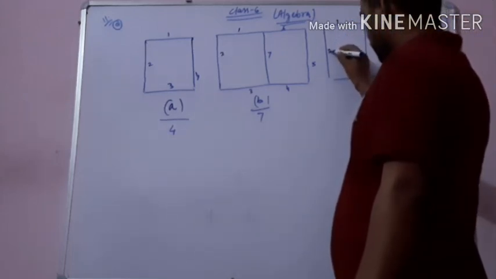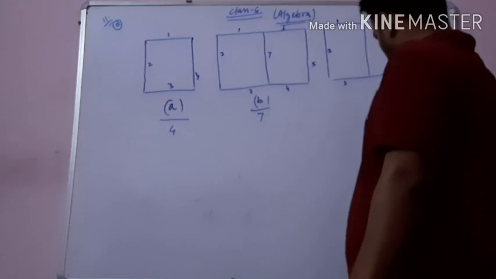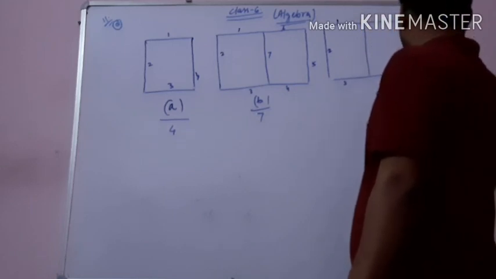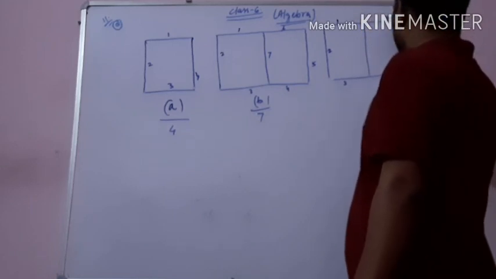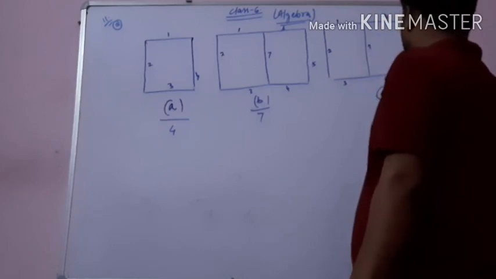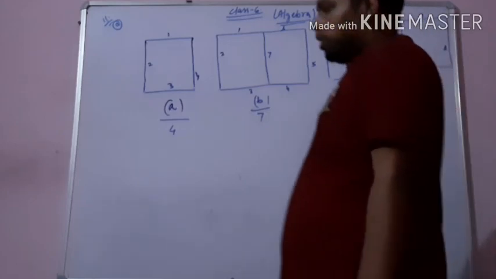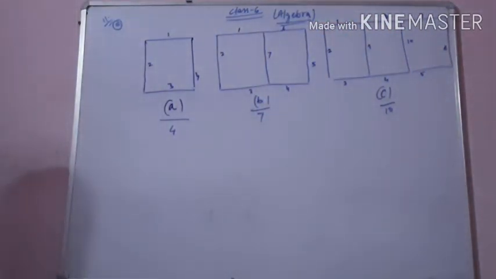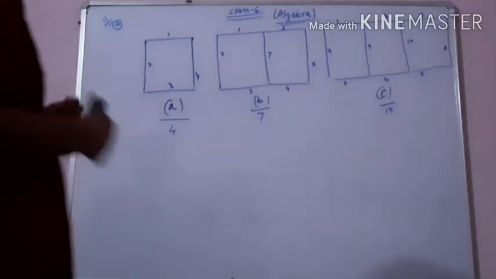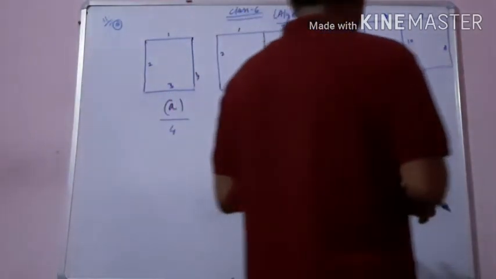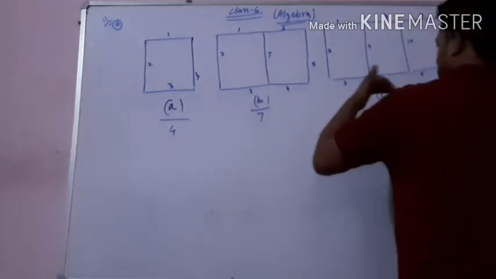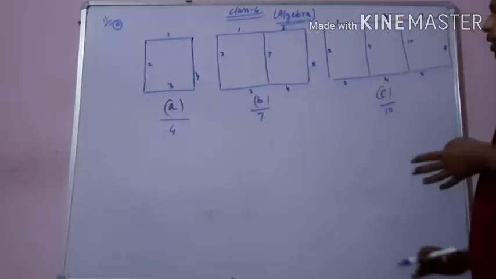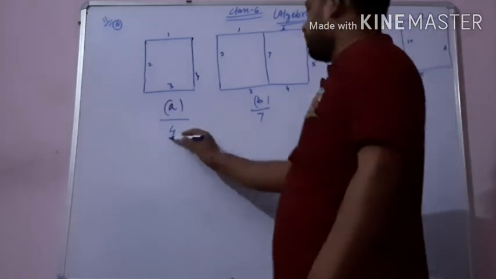Here: 1, 2, 3, 4, 5, 6, 7, 8, 9, 10. 10 matchsticks required. Now we have to give a formula for making squares by seeing these numbers.